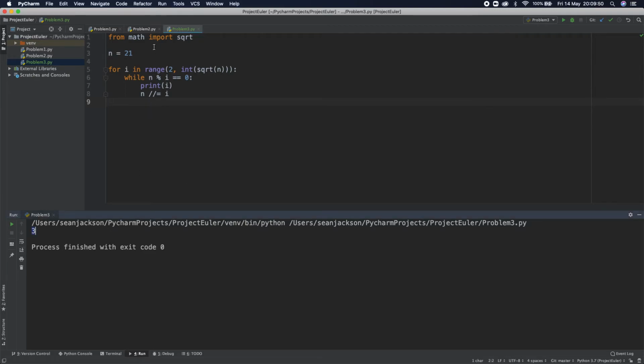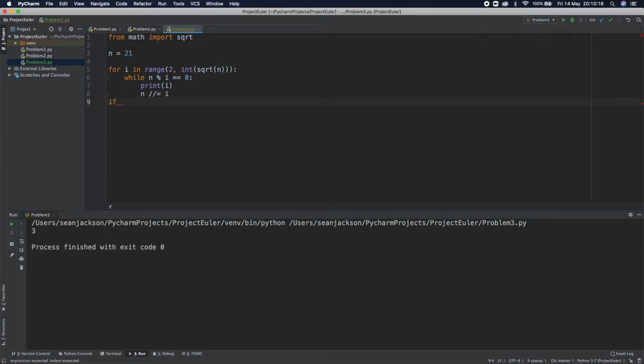Right, but obviously we know that it's 3 and 7, which means n is the remaining prime factor, because we'll only get as far as the square root. But if the square root is one of the factors, then it should get there. So if the remaining factor is above the square root, then it should be in the n variable.